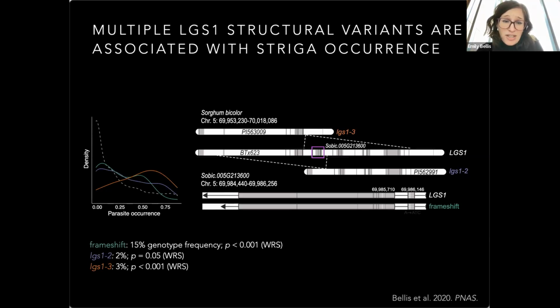Another reason we don't find a strong signature in the first pass GEA is that signatures of association with environment are also confounded by population structure. That's a limitation that can reduce power in GEAs. So there are several different reasons why we don't see this locus pop up in a GWAS with parasite environment.